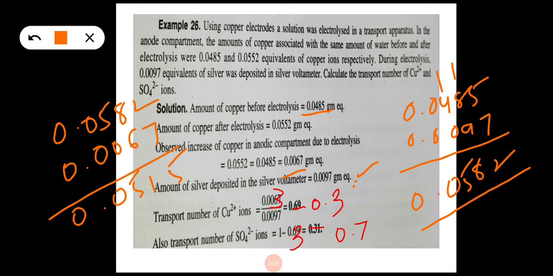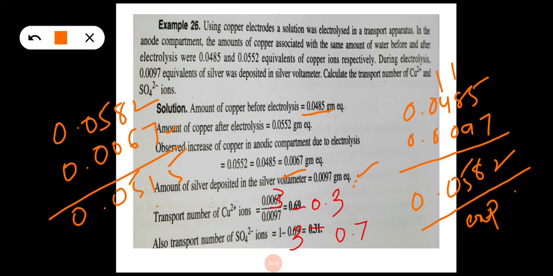So this is the expected increase in the concentration of the anodic compartment, but the found increase is only this much. The difference in the increase is this much. This smaller increase in the concentration is due to the migration of copper ions.